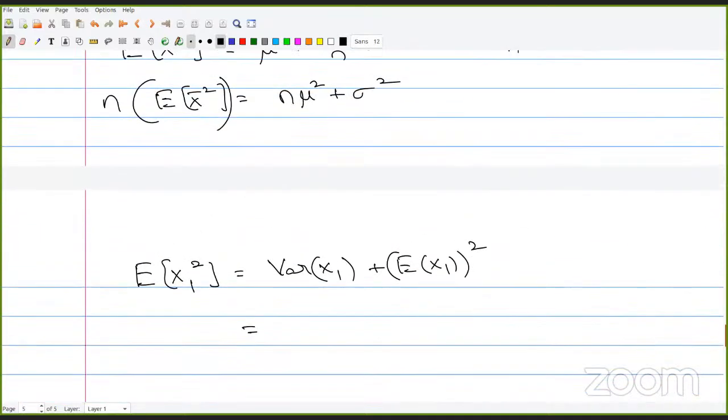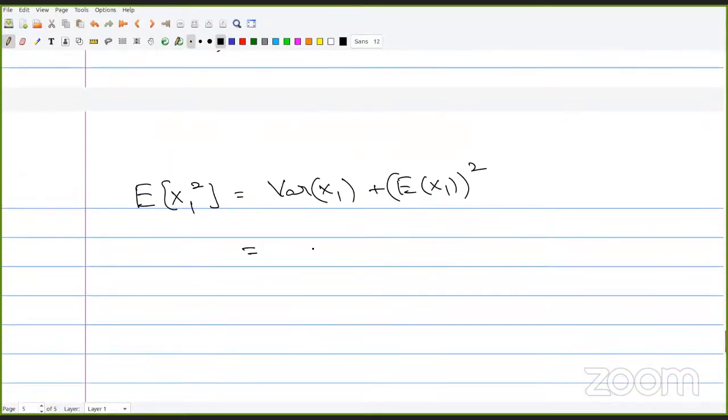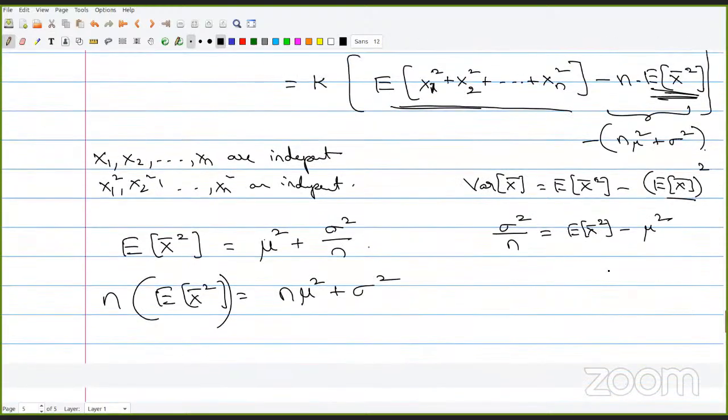Sigma square, since x1 follows the same distribution as x, the population. So it is the population variance plus mu square. Like this we have n independent terms, so we get n into mu square plus sigma square.